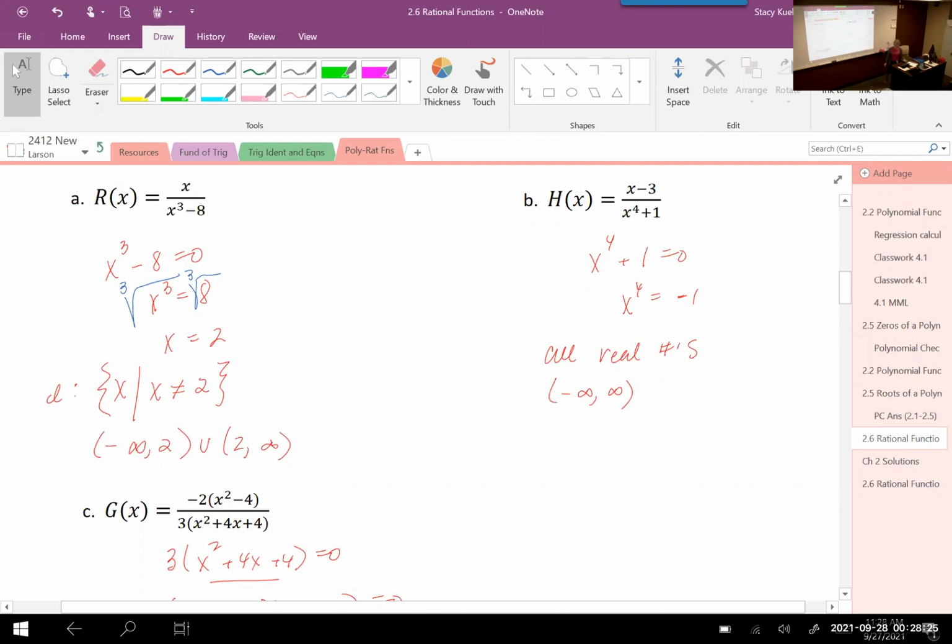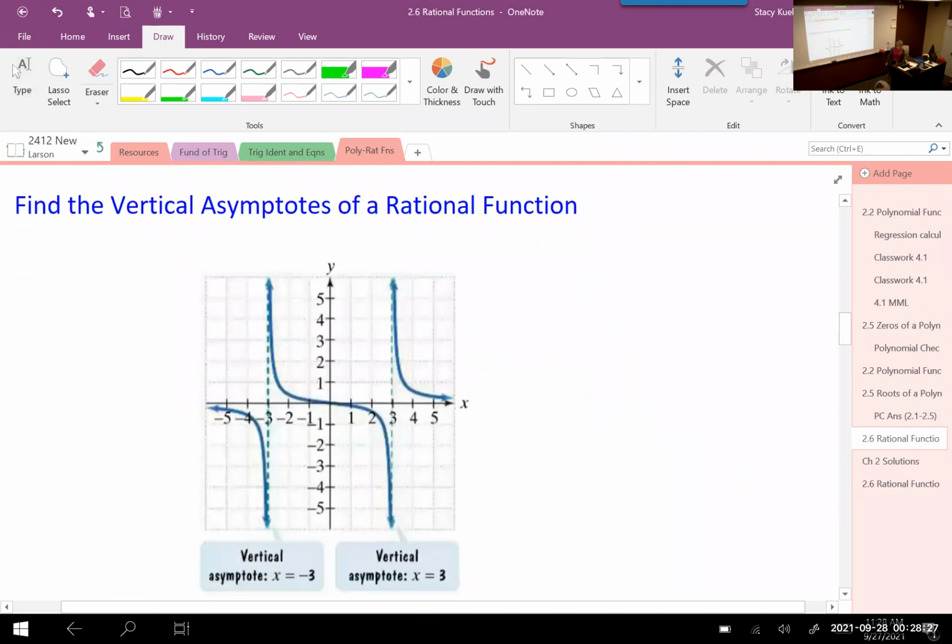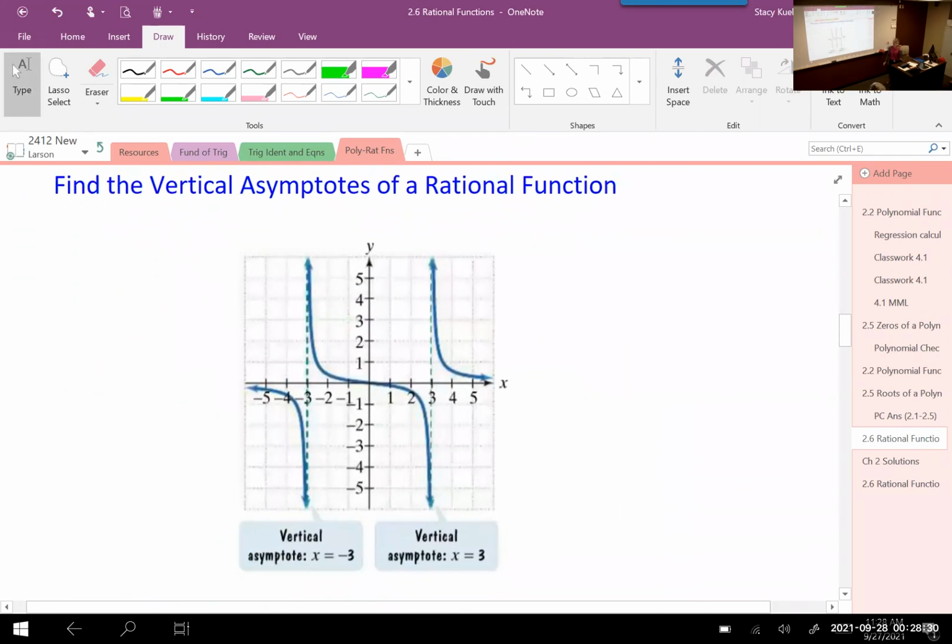Okay? Domains. Now let's change gears and talk about vertical asymptotes. You told me vertical asymptotes are those imaginary lines that our function is going to get very, very close to, but it will never cross. In theory, it's never going to cross it.